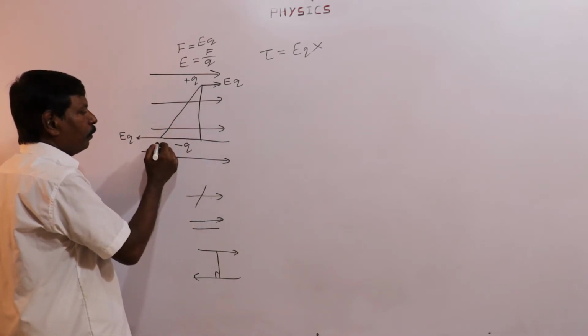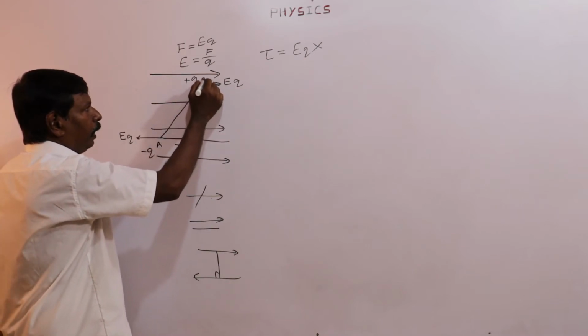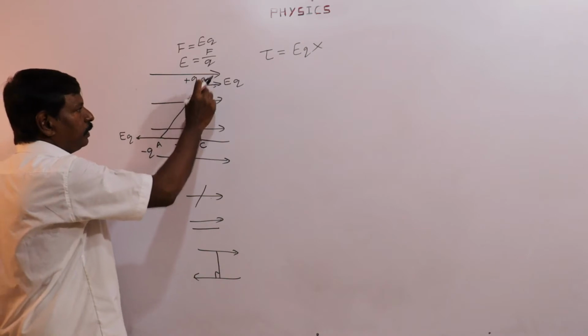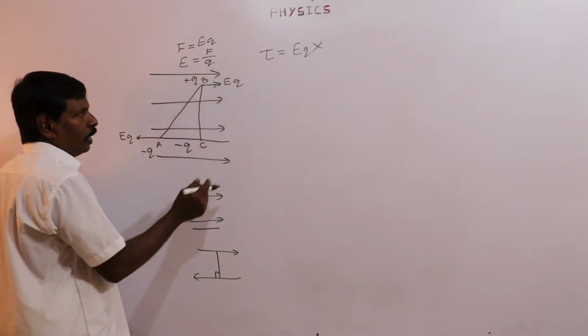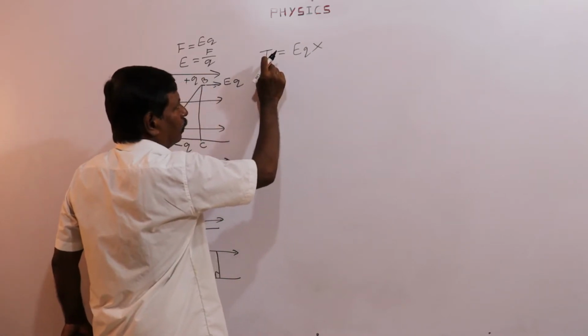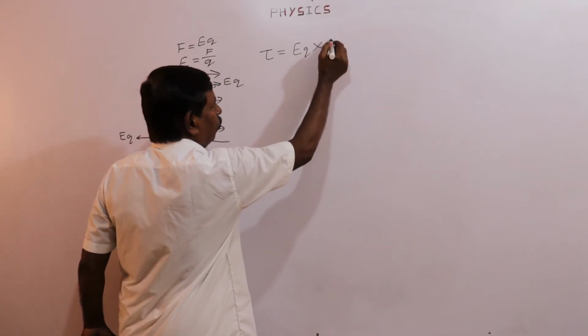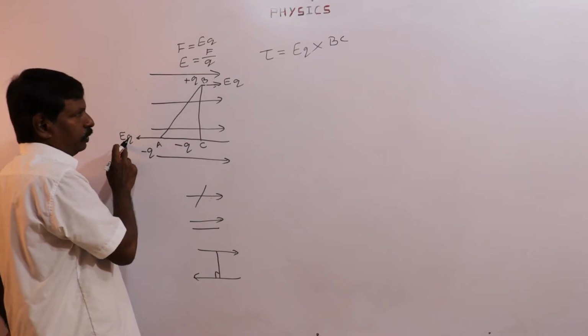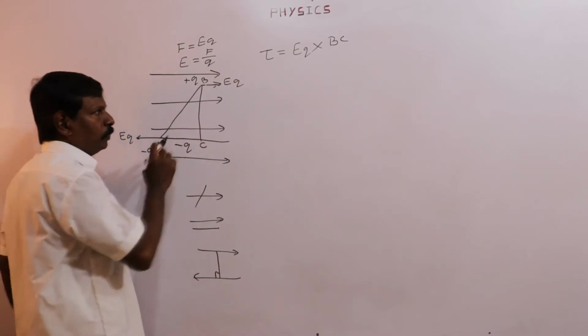The electric dipole is AB and this point is C. So BC is the perpendicular distance. The torque is the product of any one of the forces and the perpendicular distance between the two forces, which is BC.